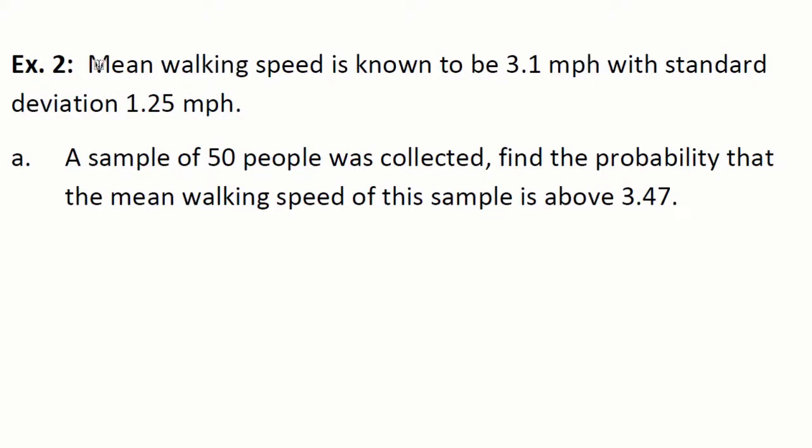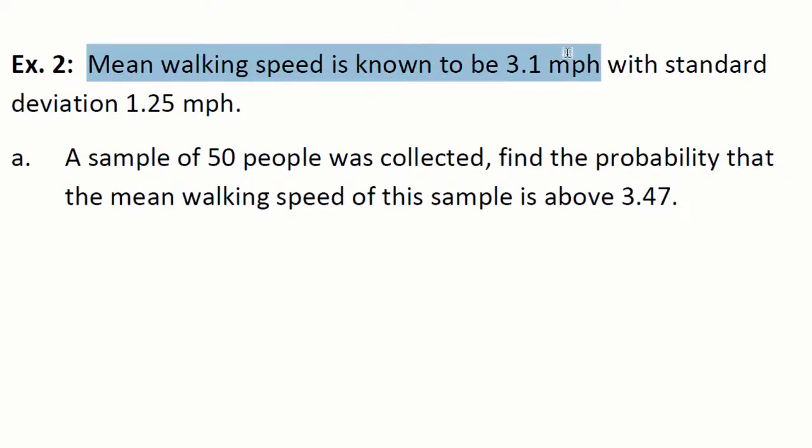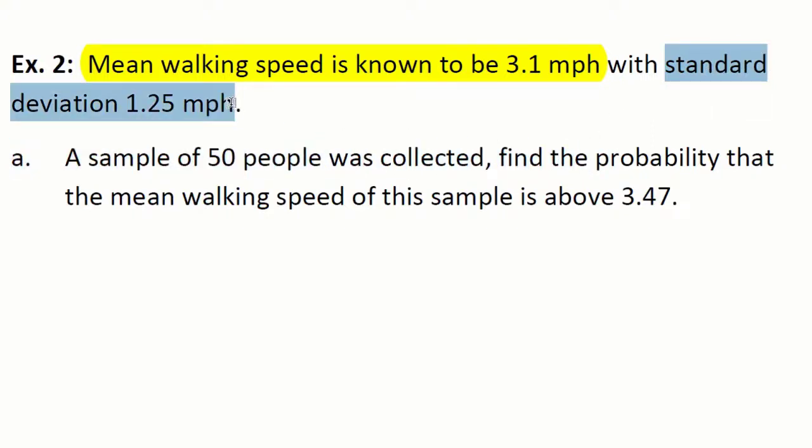So in other words, my point now is that this mean walking speed known to be 3.1 miles per hour here is regarded as a population mean value. So this is everything we know about our beginning population. And along with the given population mean, we have a population standard deviation of 1.25 miles per hour.